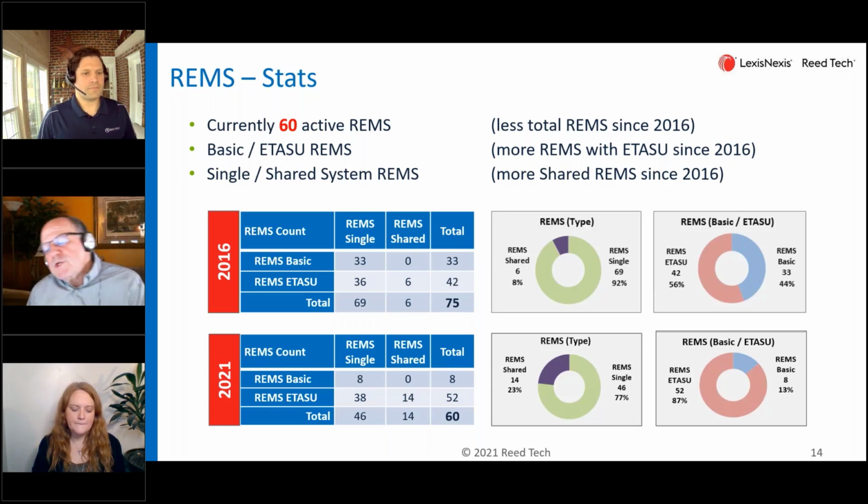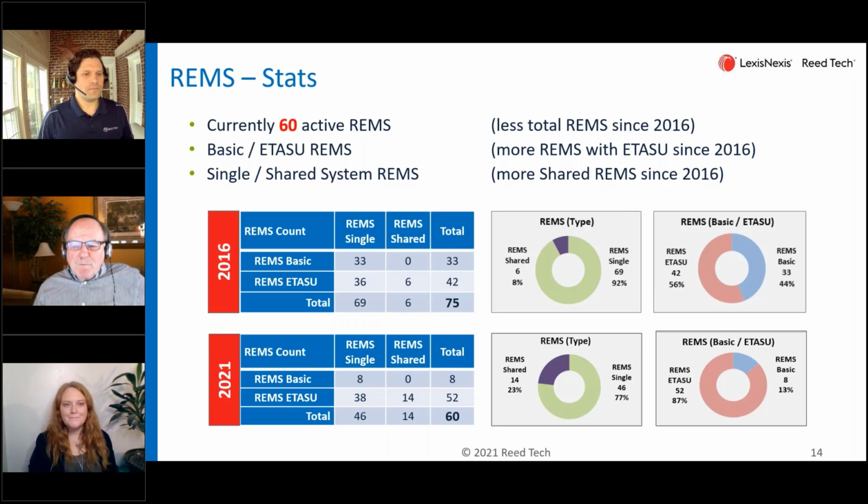So just a couple takeaways. There are currently 60 REMS, and that's actually down from 75 total 5 years ago. But it appears as though the complexity has gone up of those that are currently published on this website.